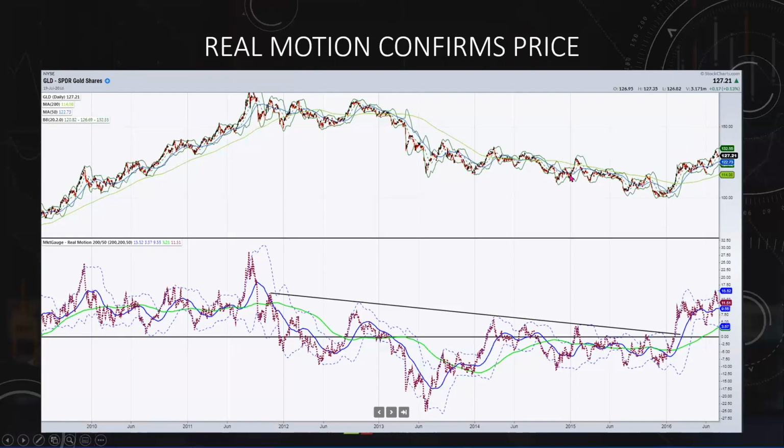You did get a bunch of other breaks here, but in terms of having a really good trend line here, you can see that that really helped identify by using the real motion with the classic technical indicator or a trend line. And then, of course, the breakout occurs in price.